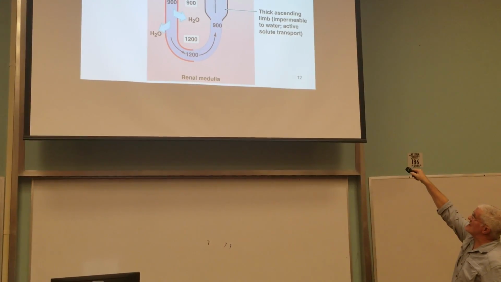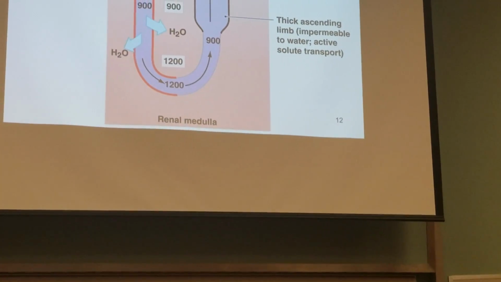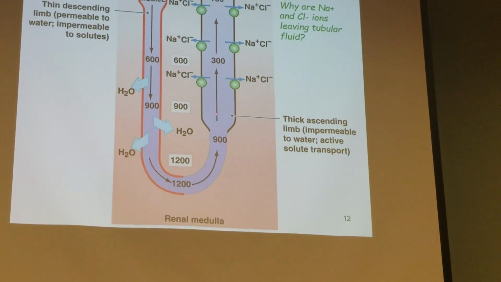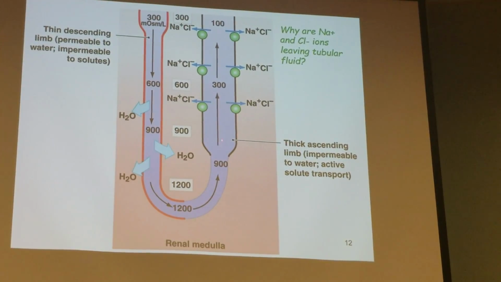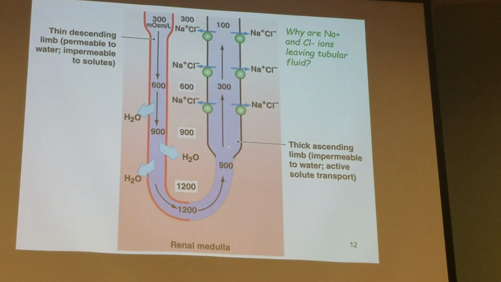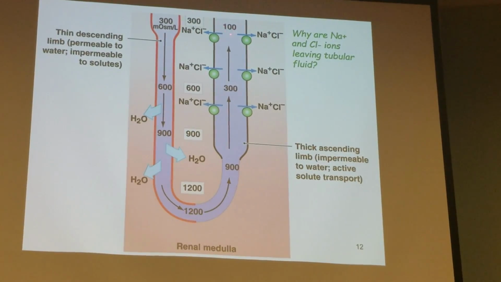As water goes in here, it's because of the ions that are leaving the filtrate. That water will eventually end up back in your bloodstream. As the filtrate goes up, I transport ions out, and I become more and more dilute until I get to the beginning of the distal convoluted tubule.